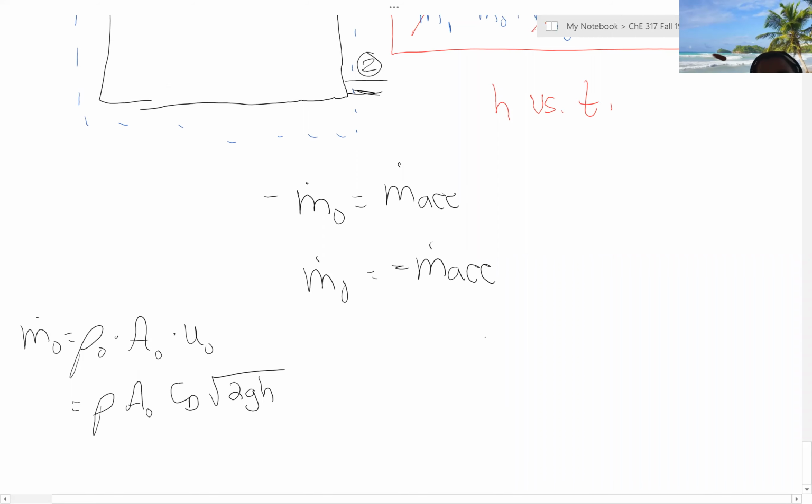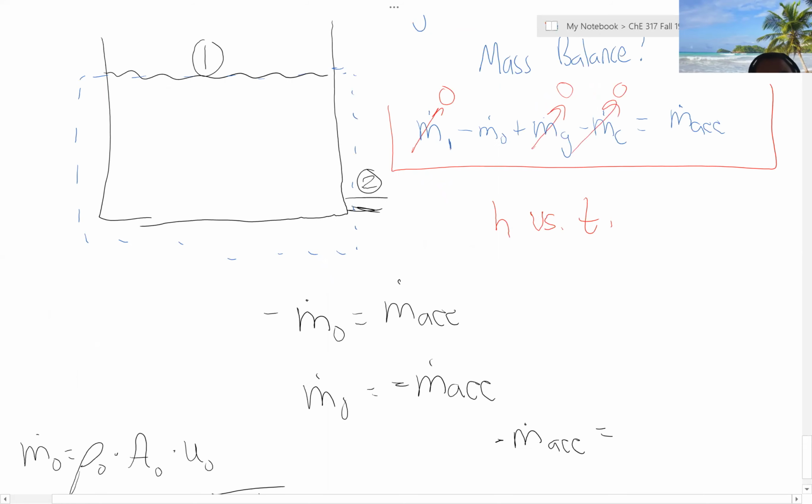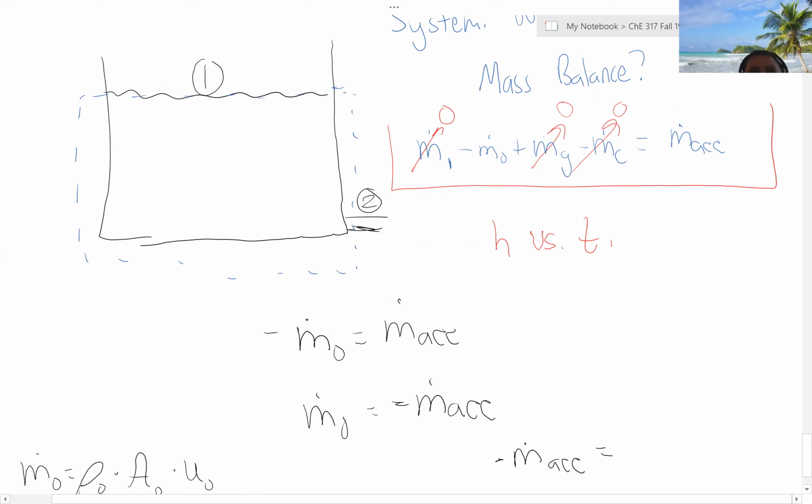So now I have to figure out, what's my expression for my mass accumulation? How can I quantify the mass, or the negative accumulation of mass, in my tank?